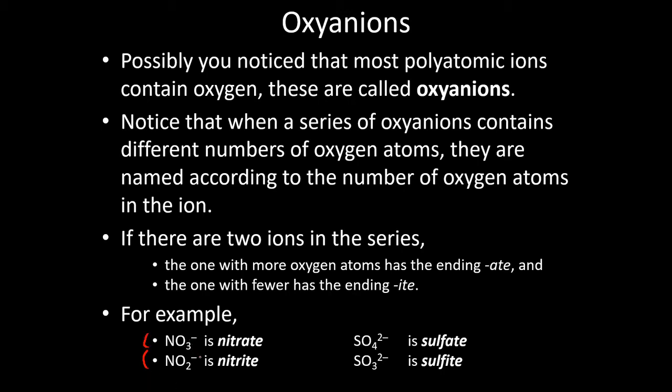The only difference between these two is the number of oxygens. Both of them have just one nitrogen. Both of them have just a single negative charge. The only difference is that this one has 3 oxygens and this one has 2. That is the only difference. Similarly here with the sulfur series, we have sulfate, which has 4 oxygens, and sulfite, which has 3. And that is the only difference between those two.